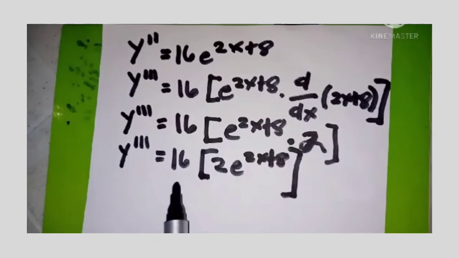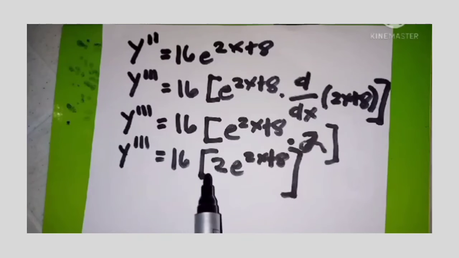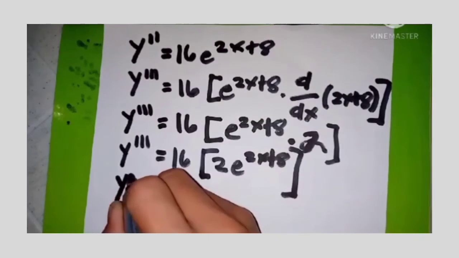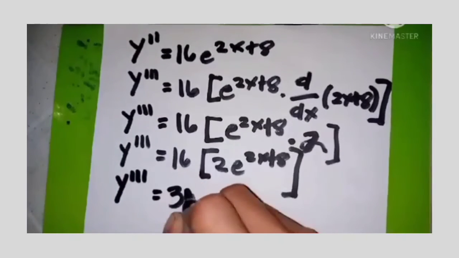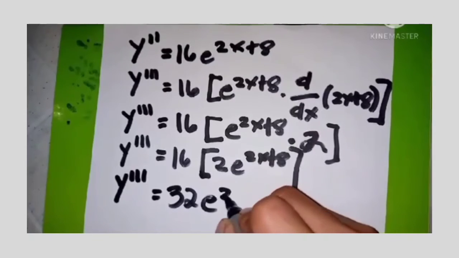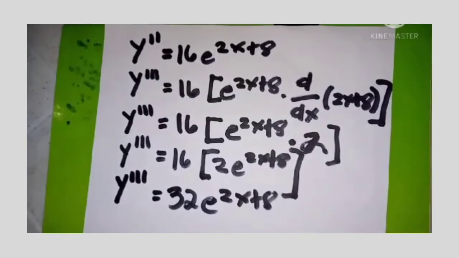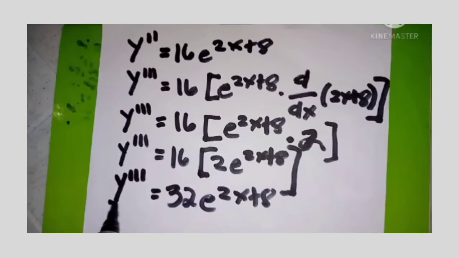Then, same as the first and second derivative, we need to multiply the 16 and 2, so that it will become 32 e raised to the power of 2x plus 8. So this is our third derivative, this is our last answer, the third derivative.